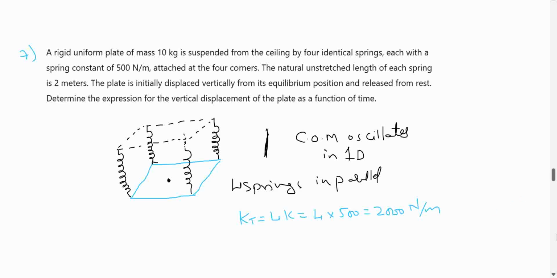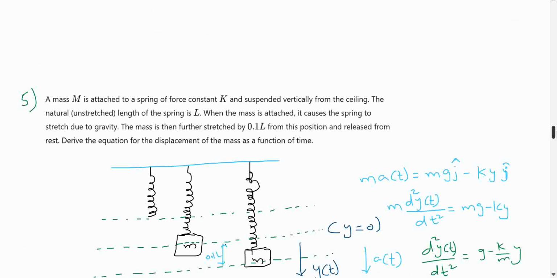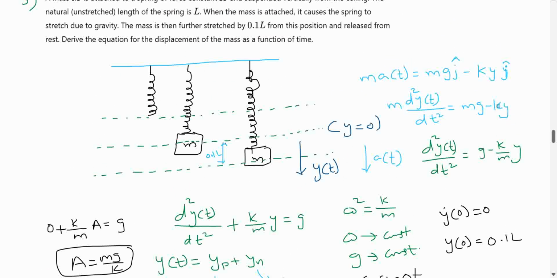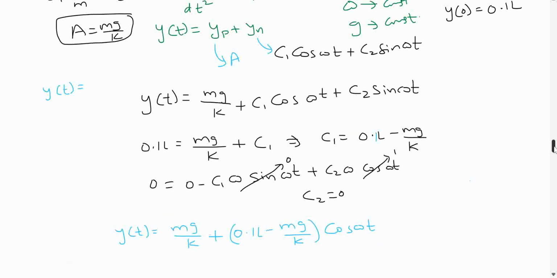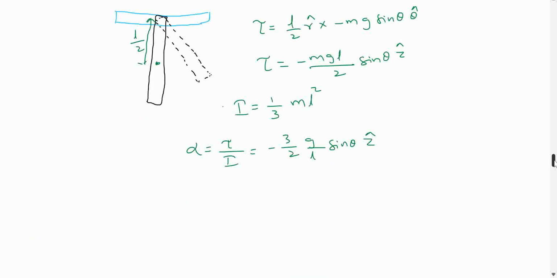Just like in the previous case which I have solved, this one is the same, but K is 4 times K because four springs are connected in parallel, and then everything else is the same, mass is the same, but the position you have to consider with respect to the center of mass.